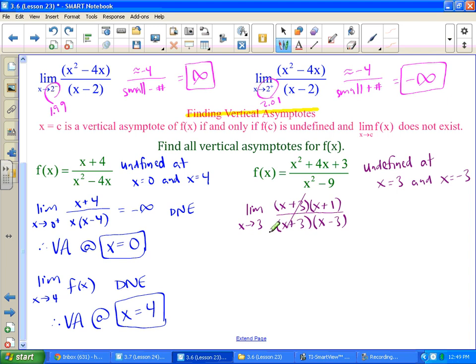So now do you see how if I plug 3 in, the denominator is still 0, isn't it? So if I approach from the right or left, it's going to go to either negative infinity or positive infinity. So does this exist? This one's a does not exist, right? So if this does not exist, I know there's a vertical asymptote at what? x equals 3.